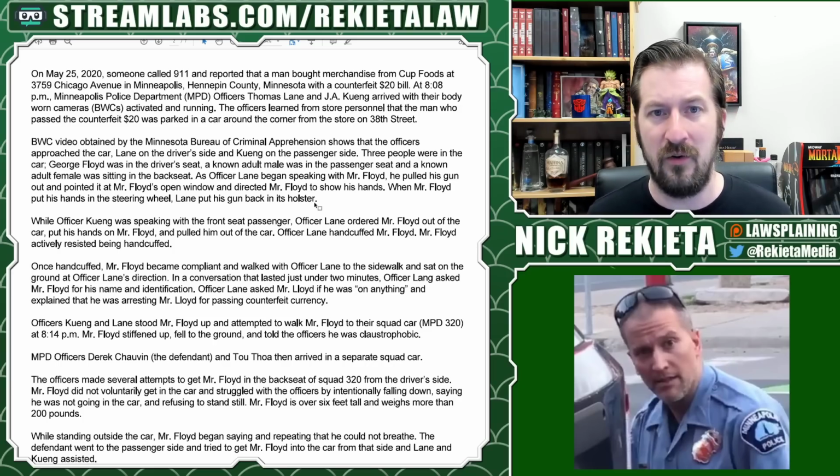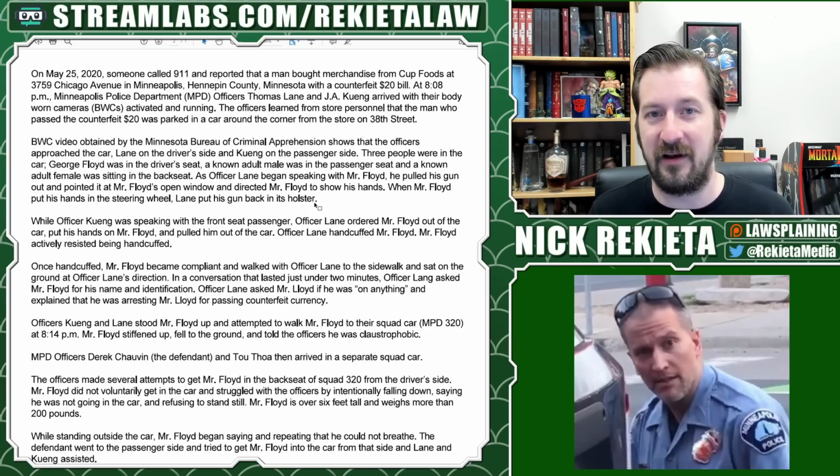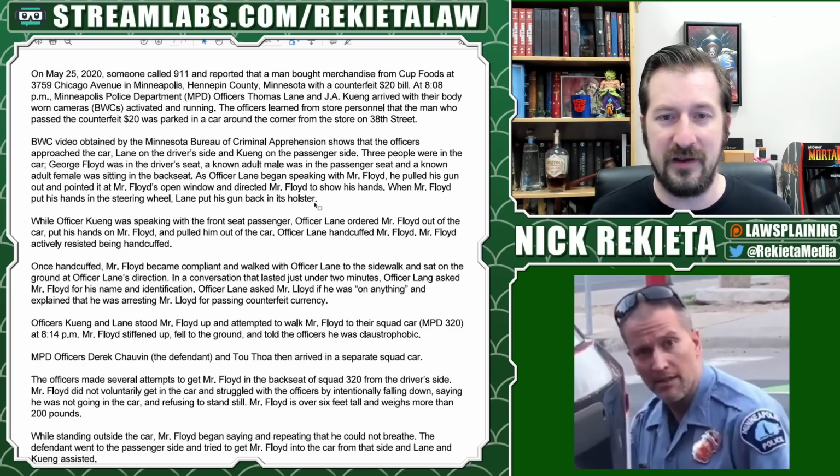I don't know if that is there or anything like that, but it's not here in the probable cause determination. So I'm going by this. I have a problem with him pulling a gun at this stage. Why are we doing that? Why is this already escalated? This is a non-violent crime over a $20 counterfeit bill.